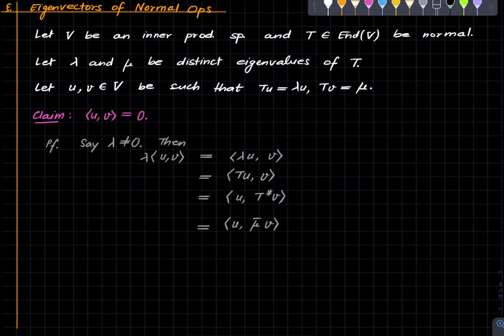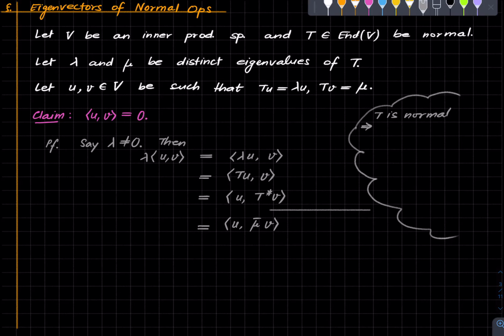So what happened here is the following. What we have is T is normal, which implies this is normal, as we discussed in the recall, which implies kernel of this is equal to kernel of its adjoint. But what is the adjoint of that? That is equal to this.